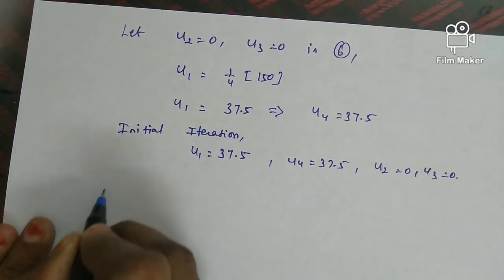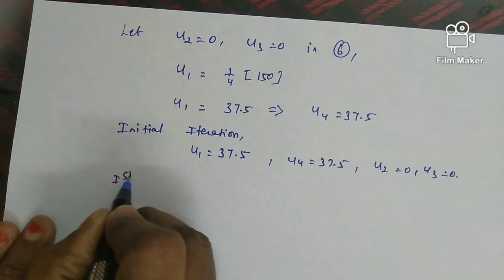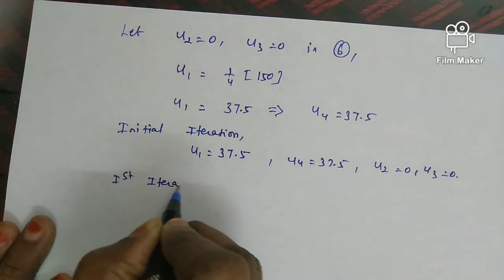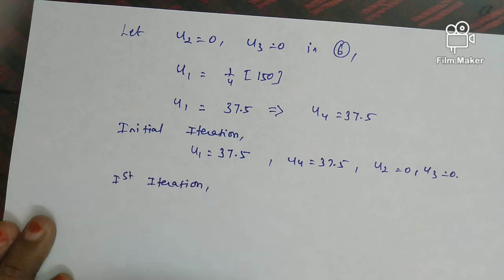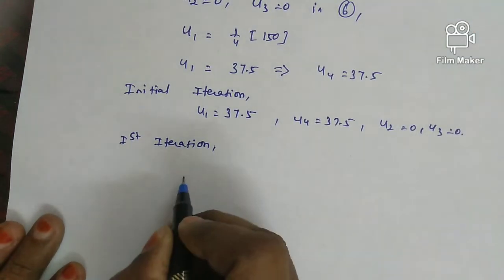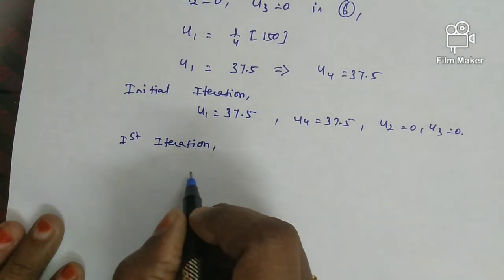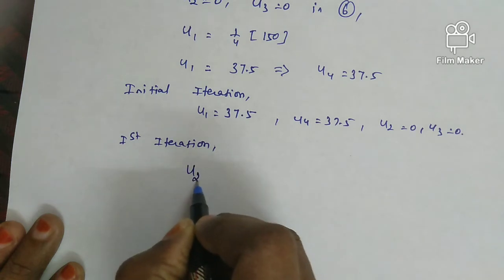Now we are starting the first iteration. What are we going to do? We are going to substitute the values of u1 and u4, and using those we get the remaining values u2 and u3. First we find u2, so u2 of the first iteration.